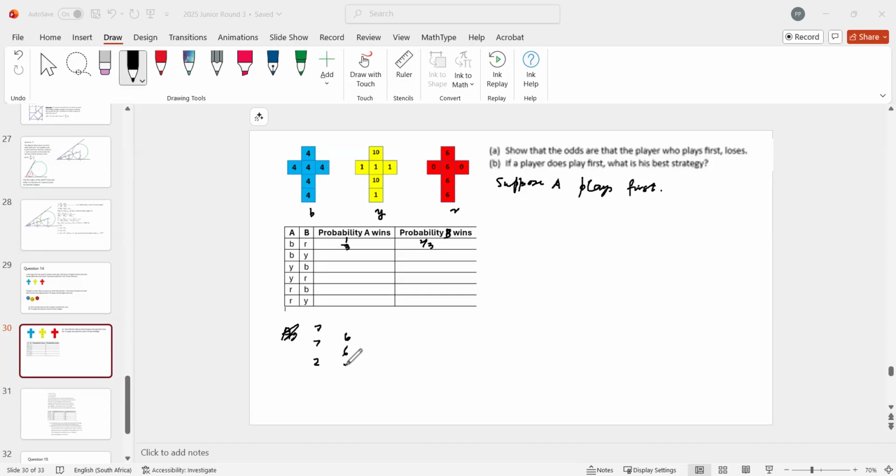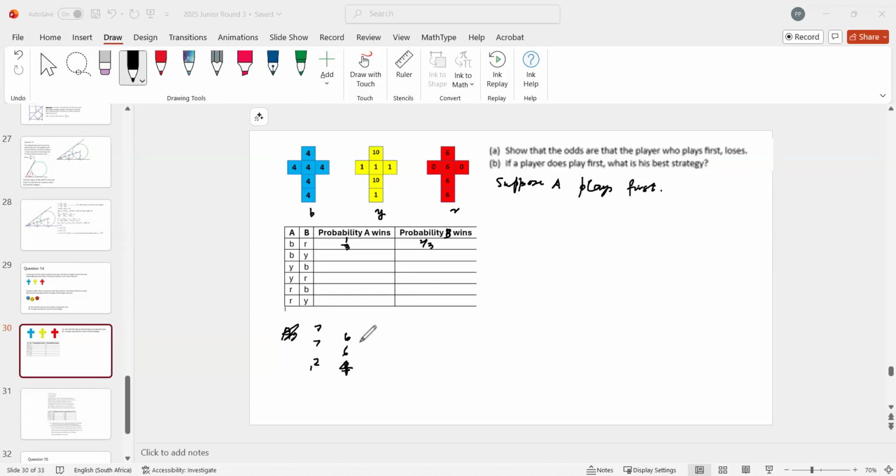I think it's 6 6 8. 14. Yeah, 6 6 2. 12 plus 2 is 14. 16. So 6 6 4. Okay. Now, in this situation here, what is the probability that the first guy wins?